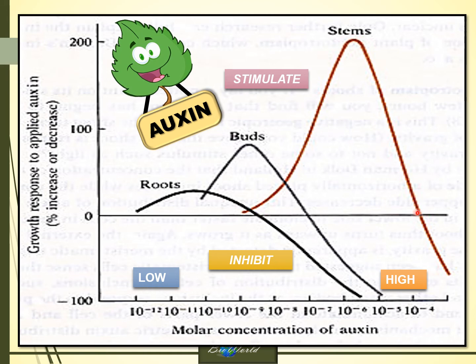But very high concentration of auxin actually has an inhibiting effect to the growth of the stem. So this summarizes the characteristics of auxin in relation to the plant maturing.